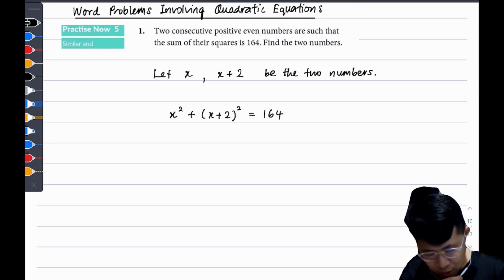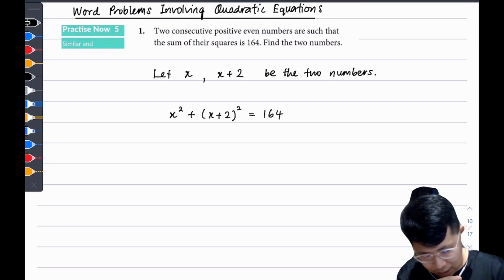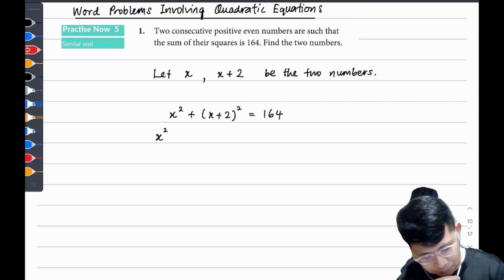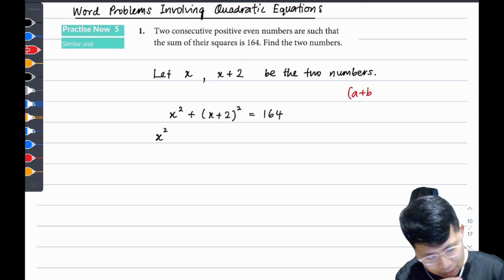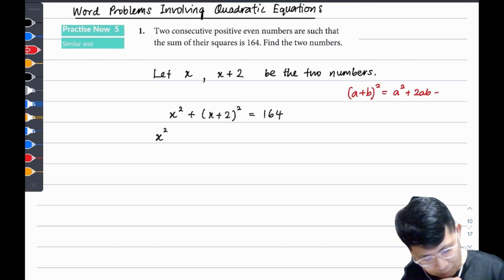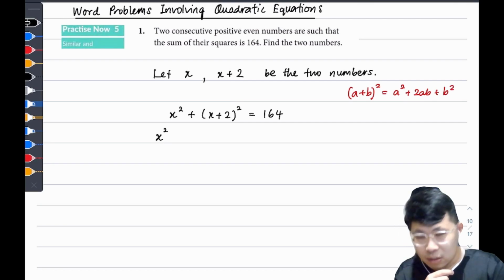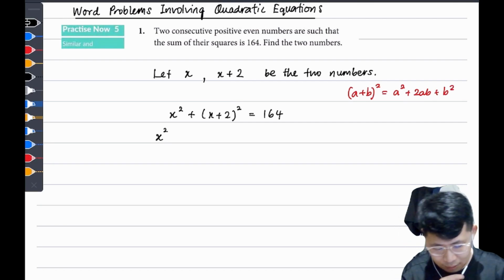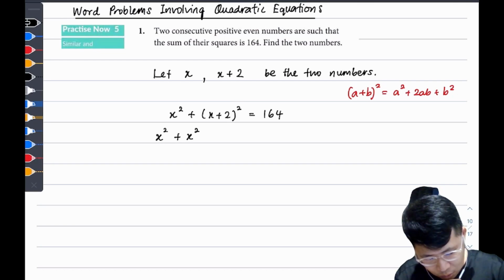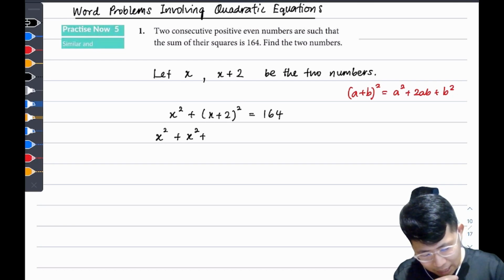Let's try to expand this square. If you remember, (a plus b) squared is equal to a squared plus 2ab plus b squared. If you can recognize this and use it well, this would be x squared plus, a is x, so 2 times x times 2, which is 4x, then 2 squared is 4, equals 164.